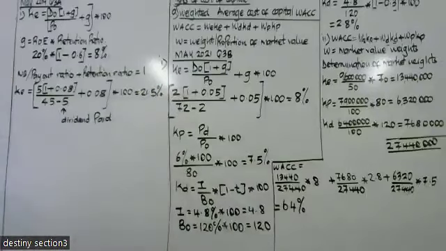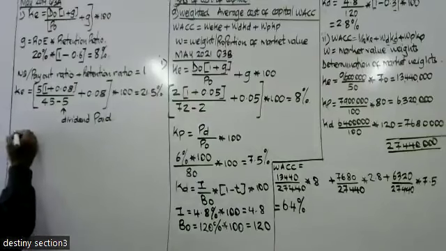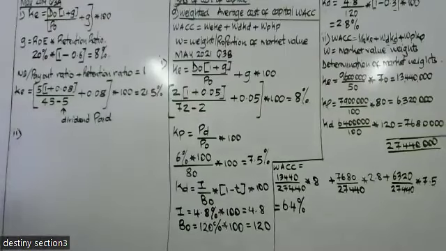So the other component costs: besides the ordinary share, there is debt, the 12% debt. We say debt either is maturing or not maturing. Is ours maturing or not?